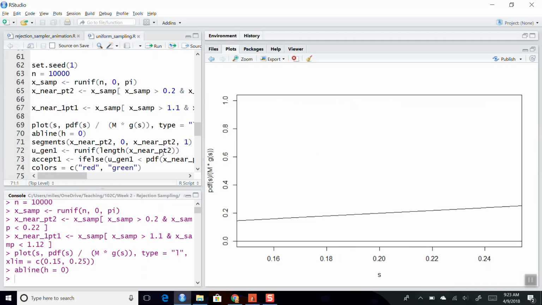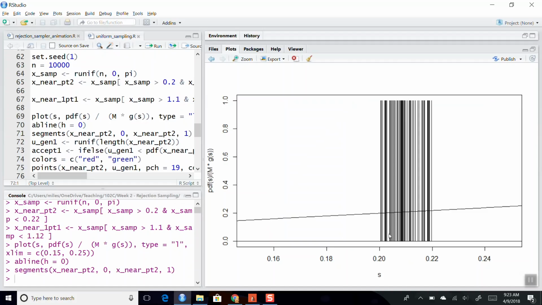So if I do this, this is now zooming in on the 0.2 to 0.22 window. You can see all these values between 0.2 and 0.22 are proposed with about equal probability.